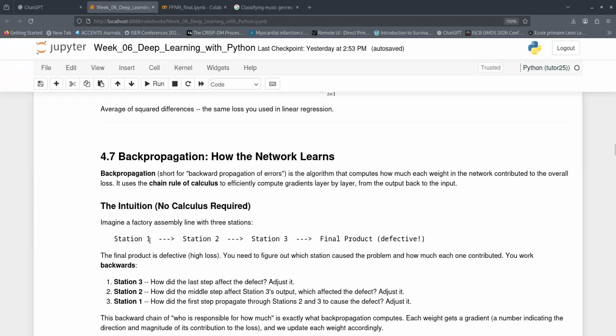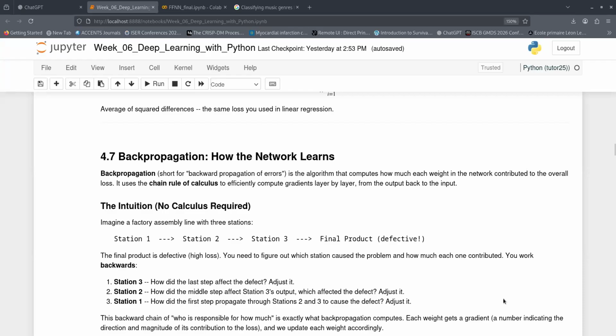But if I am in station 1, I can ask, how did the first step propagate through stations 2 and 3 to cause the defect? Station 1 is dependent on station 2 and 3. Station 2 is dependent only on station 3. And the final product is dependent on all of them.